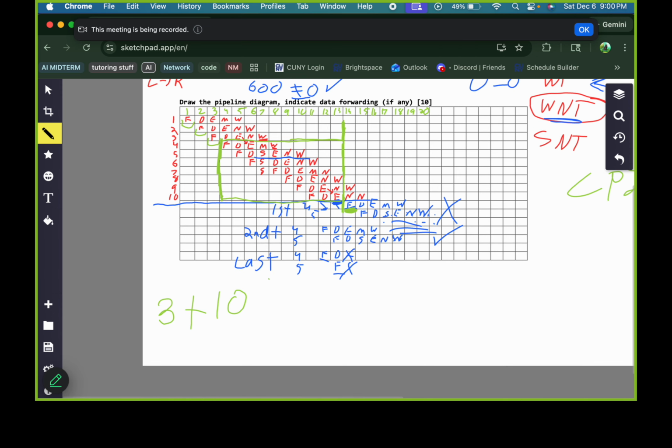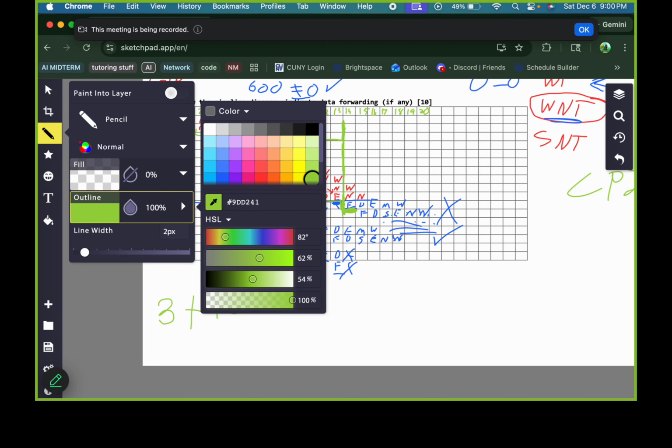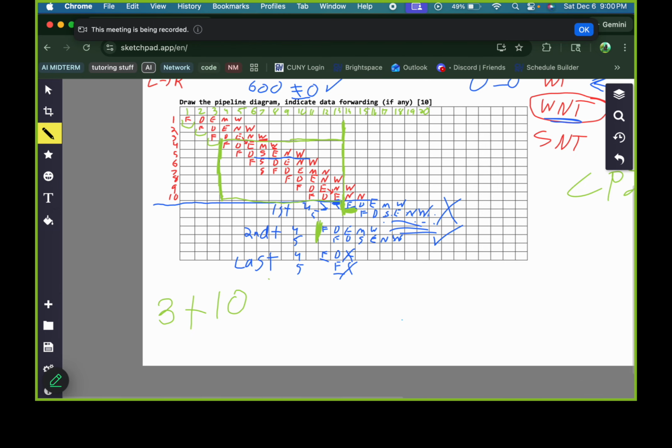Now, we know that it's not going to be 10 all the time because the next loop that we do, the fetch isn't over here anymore. It's over here, meaning that now I'm going to have to move this over to here, right? That means this now becomes our box.